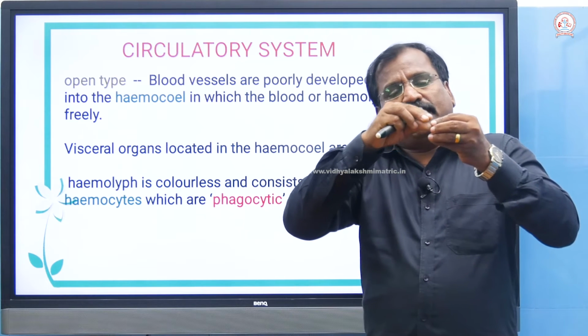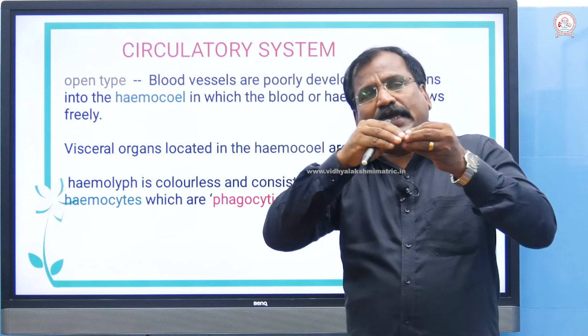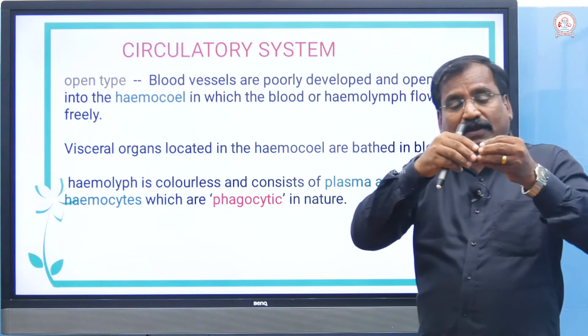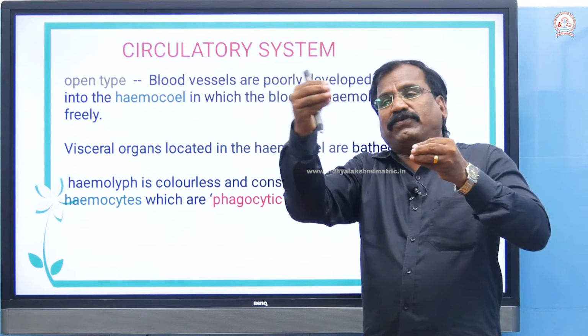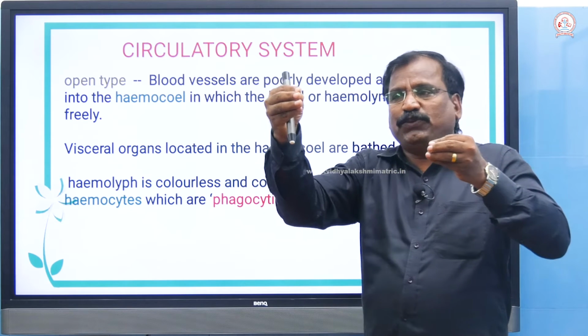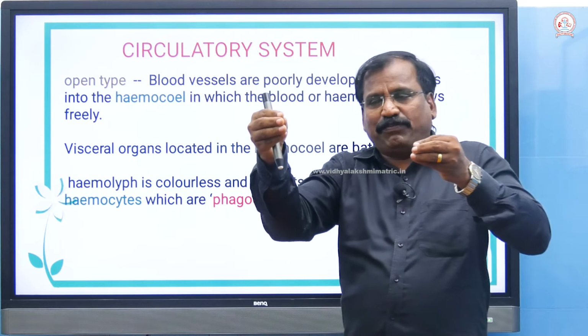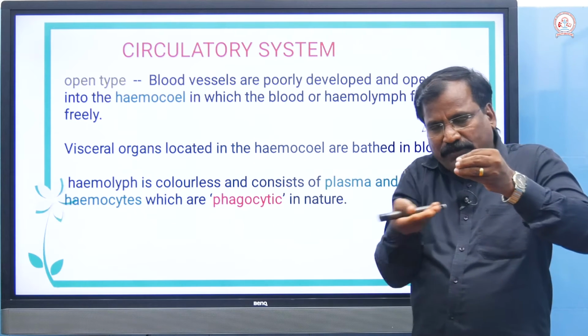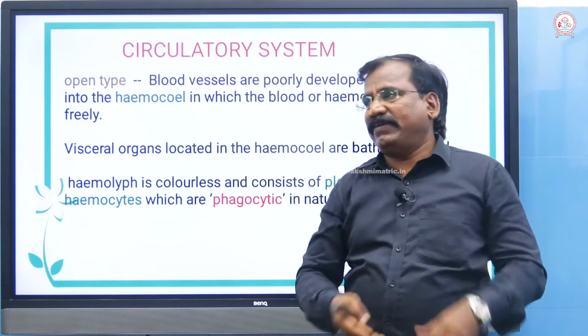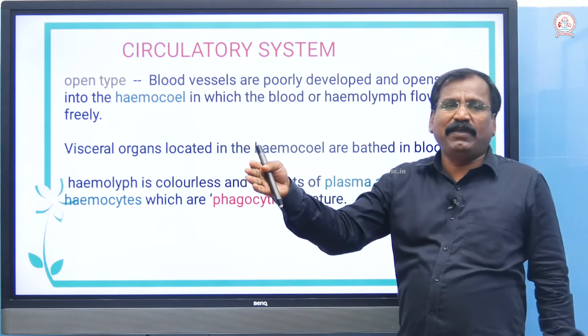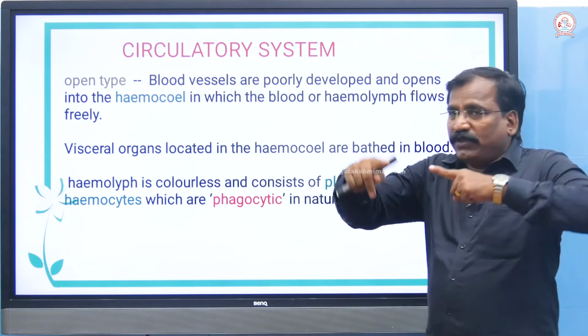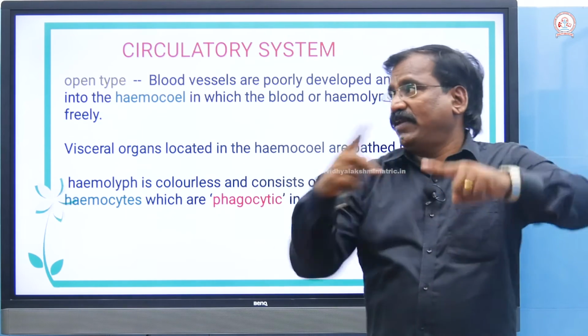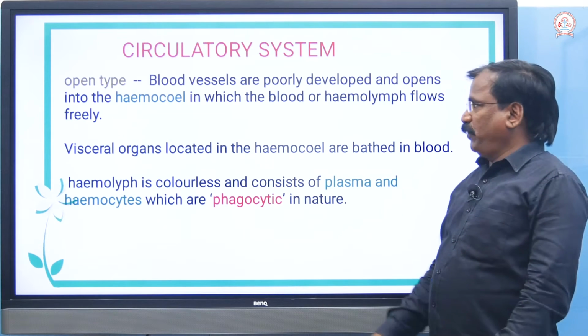When it is going from heart to body, it carries oxygen, respiratory gases, nutrients, and supplies to the tissues where metabolism takes place. Then when coming back, it carries the metabolic waste products from the tissues. So that's why it is a circulatory system meant for transportation.